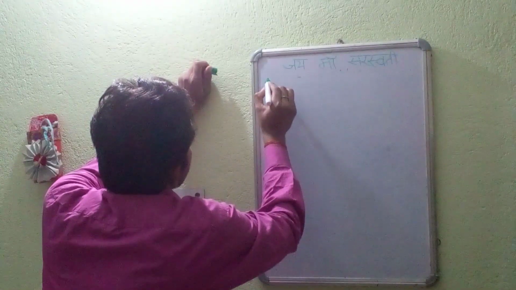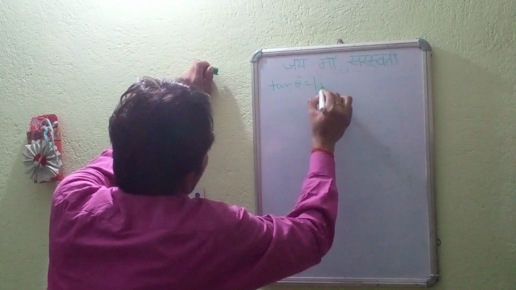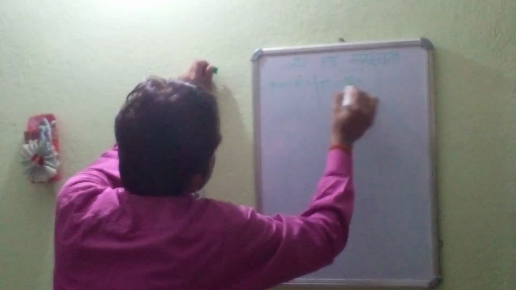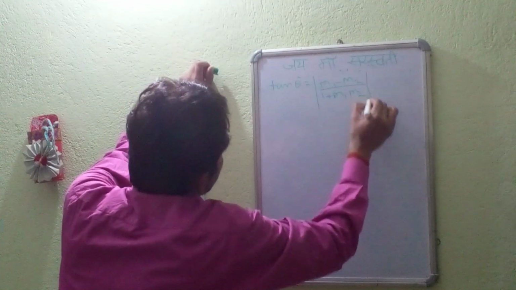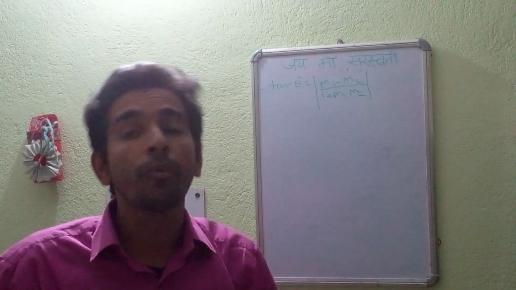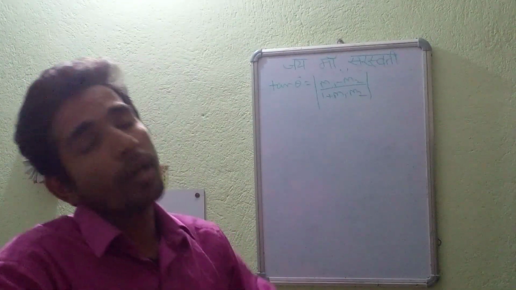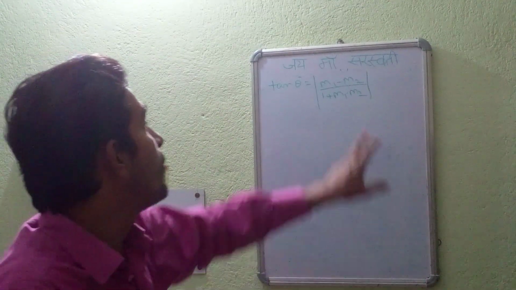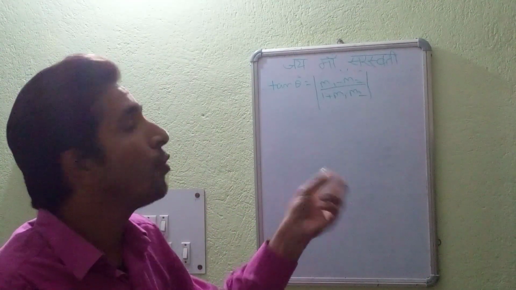So we had studied here tan theta is equal to m1 minus m2 by 1 plus m1 into m2. We had enclosed this m1 minus m2 by 1 plus m1 into m2 using a mod. Whatever value comes, if the value is negative, according to the mod principle, that value will be positive.